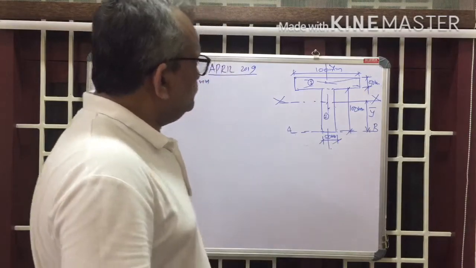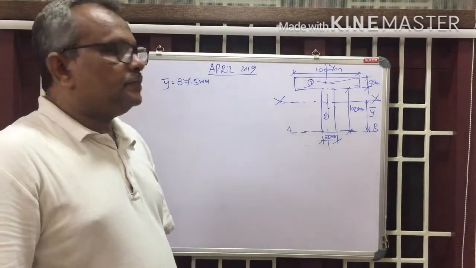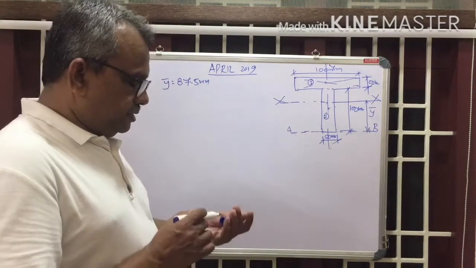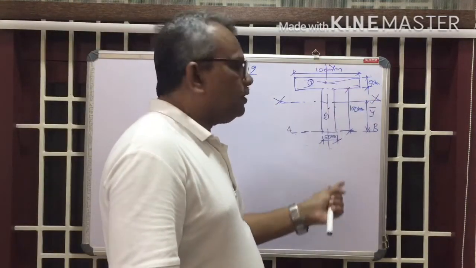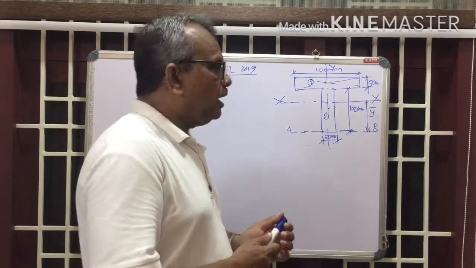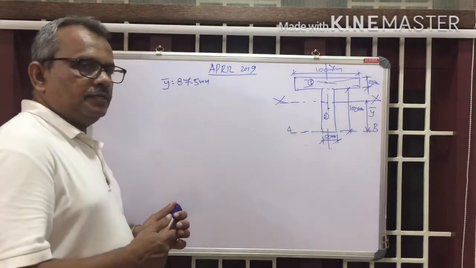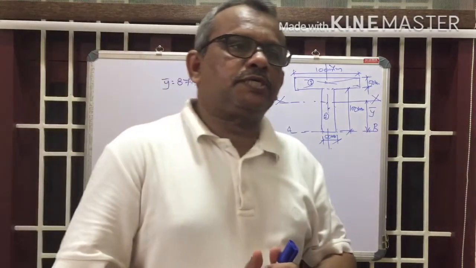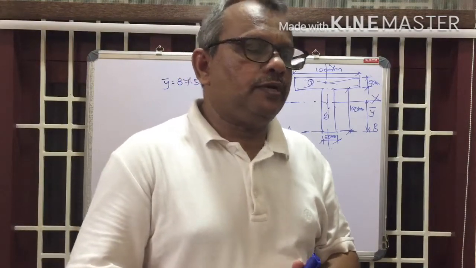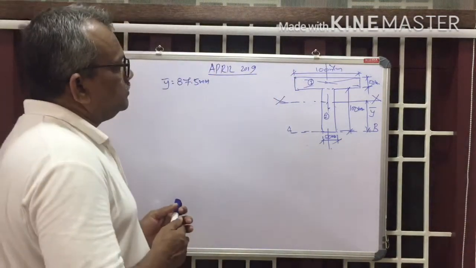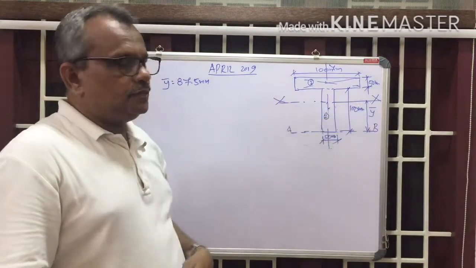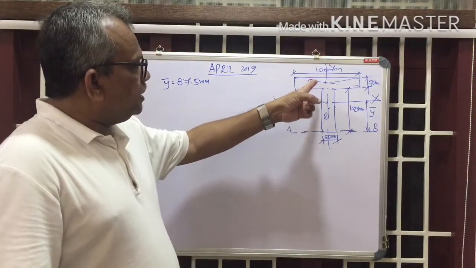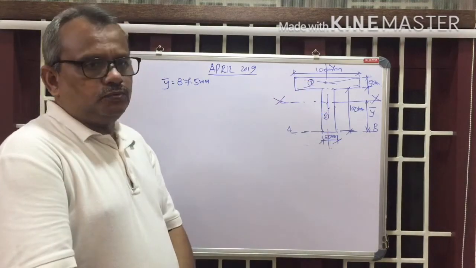Now, today our aim is to calculate the moment of inertia about the x-x axis and y-y axis, Ixx and Iyy. When we consider the moment of inertia about the xx axis, there are two rectangles, rectangle number 1 and rectangle number 2.